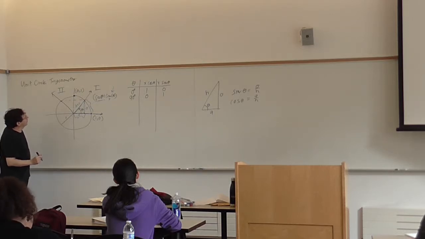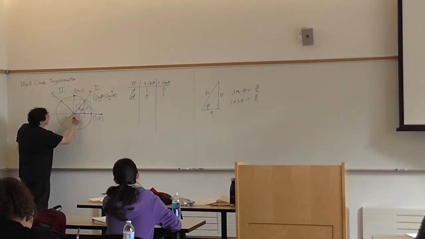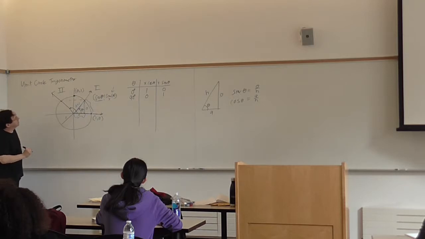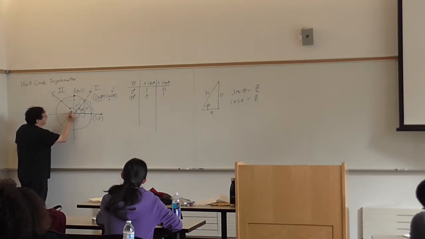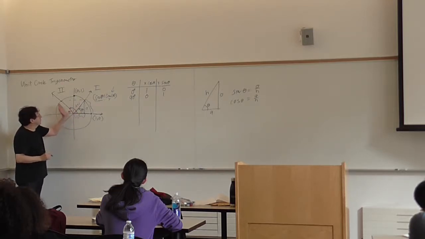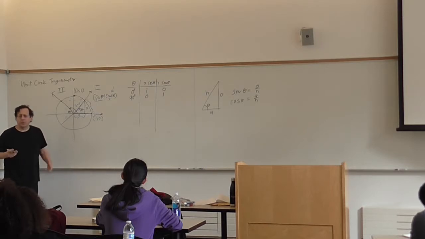Well, how are they aligned? How does this angle compare with this angle? In other words, if this is still theta, what is this angle? If those two angles add up to 180.